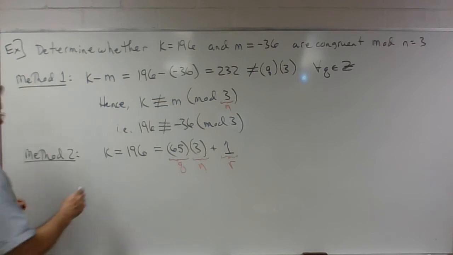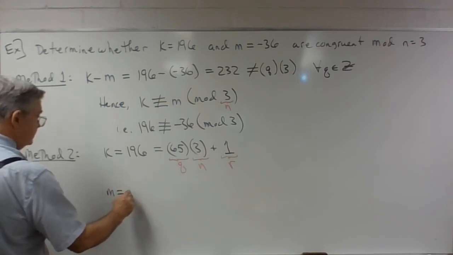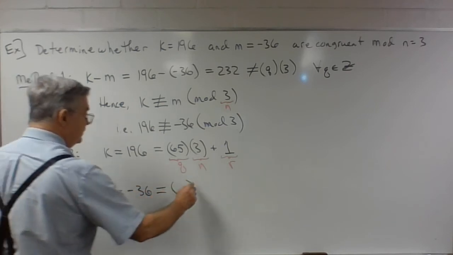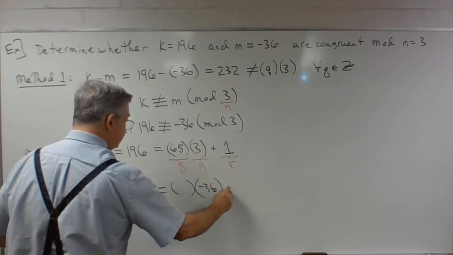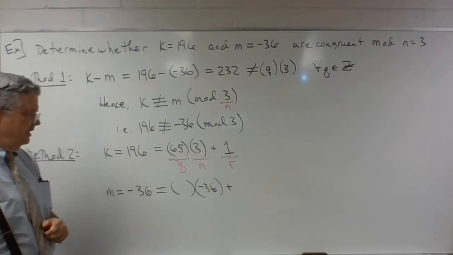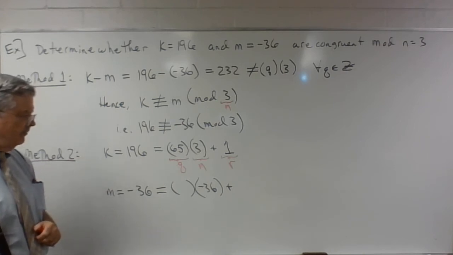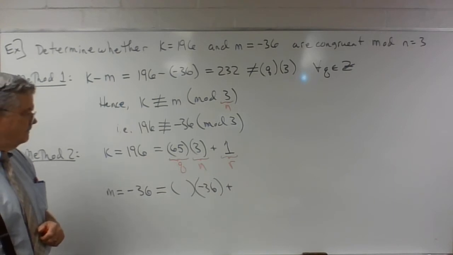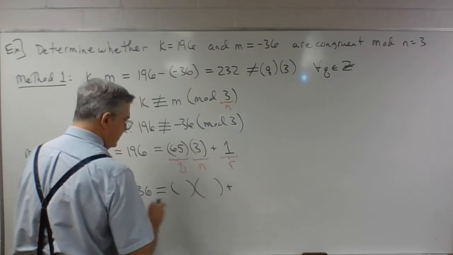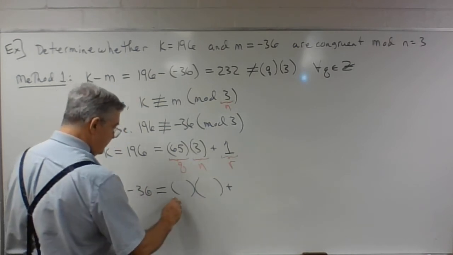Now let's try m. M equals what? Negative 36, which is equal to something times 3 plus a remainder. Now I got to be careful here. Let's see. Holy moly. I did that wrong.